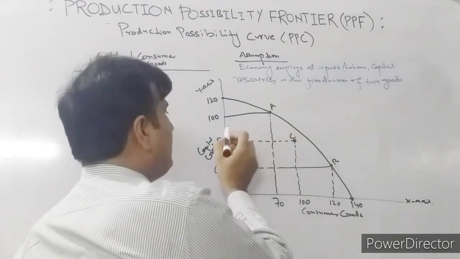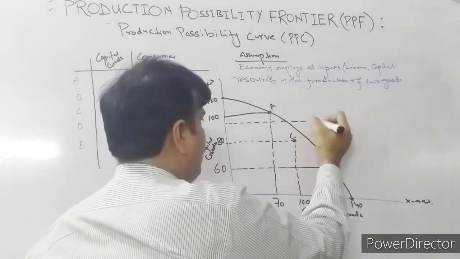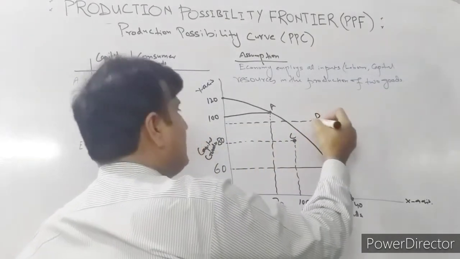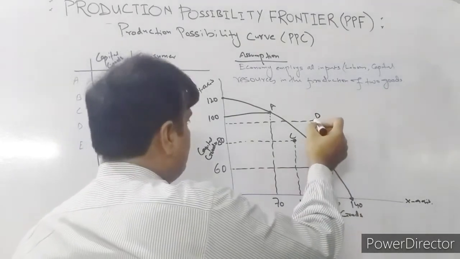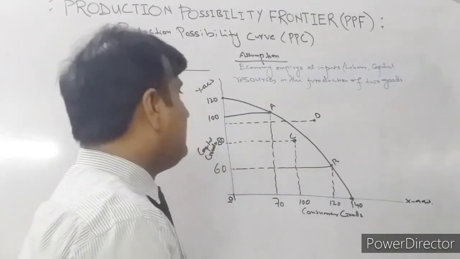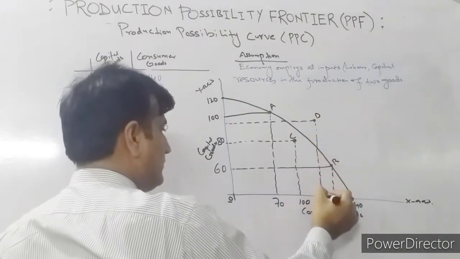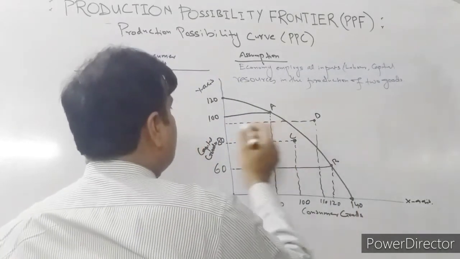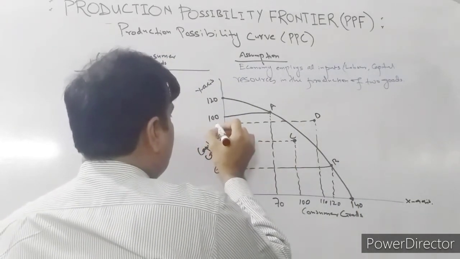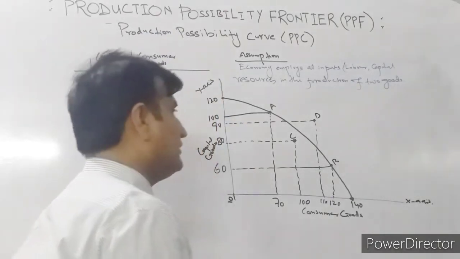And if the economy would like to produce at this point D, that is unattainable, because the economy cannot produce 110 units of consumer goods and 90 units of capital goods.